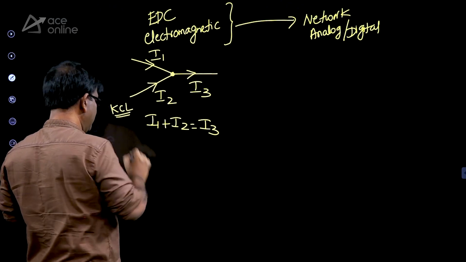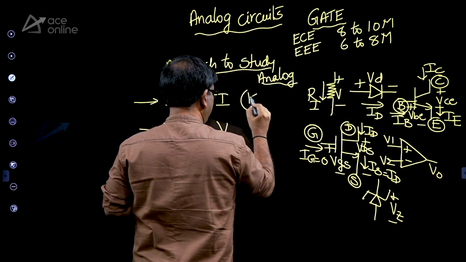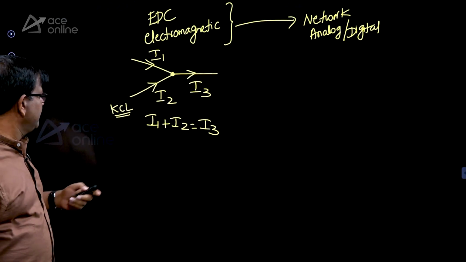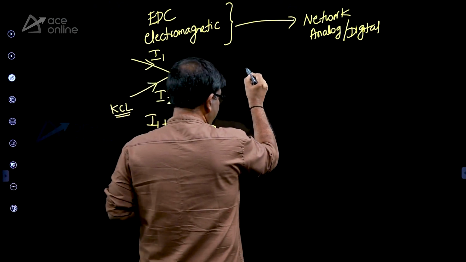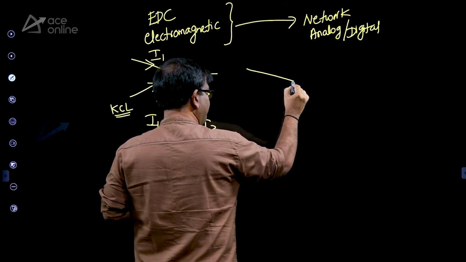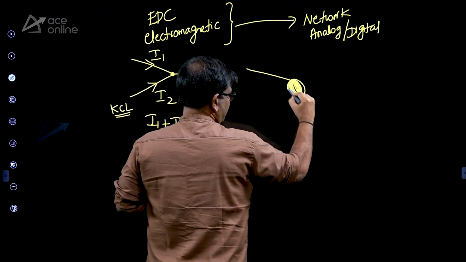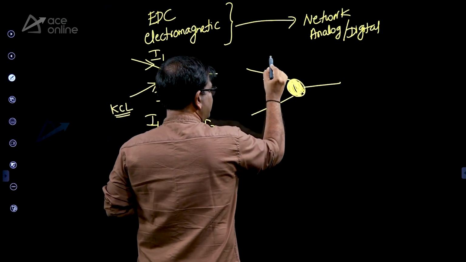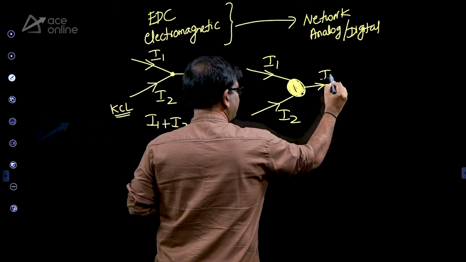So when you allot a unique value of current, then you can apply a law called the KCL law, right? Now this dot, I'm making it slightly bigger here. Nothing changes. You can see here, this is I1 and this is I2 and this is I3.